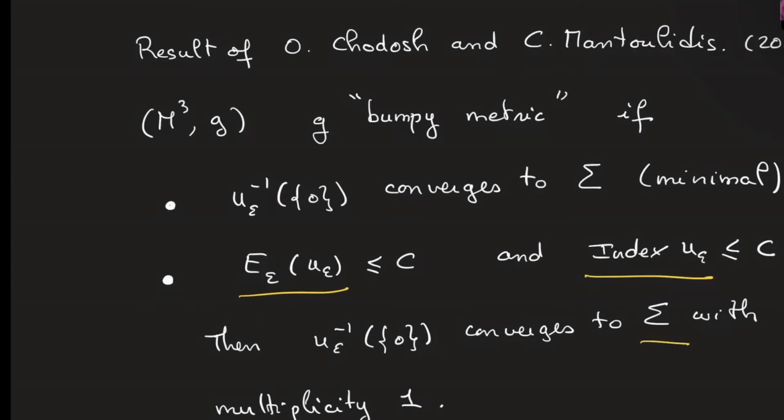So basically this result in dimension 3 is a very nice counterpart of the last result I've talked about, because in the last result the index of the solutions that were built was tending to infinity as epsilon tends to 0. But if you have control on Morse index and control on energy, then basically the 0 set of your solution converges to the minimal surface very nicely.